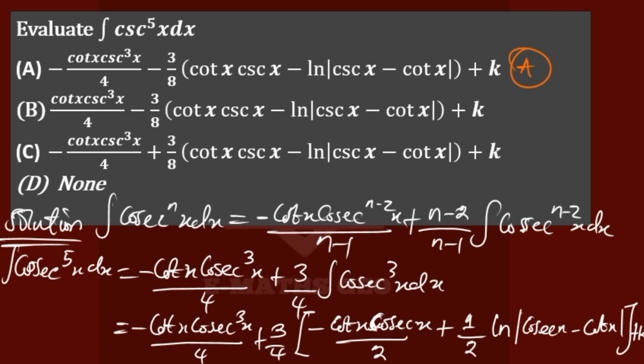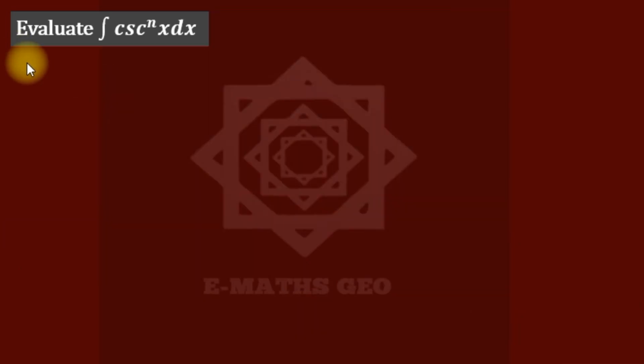Let's now prove the formula. If you are asked to evaluate this, we need to use integration by parts. So we can split this as cosec x raised to power n minus 2 times cosec squared x dx. So we now have integration by parts.